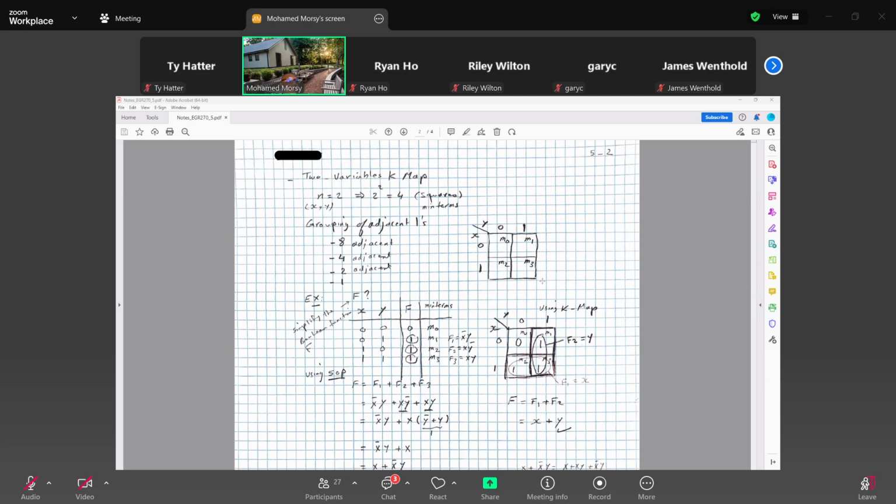This is the standard form of the Karnaugh map for 2 variables, assuming the variables are x and y, or a and b. So we put x here and y here, and then start from 0, 1, also from 0, 1. The min term is inside; each box has a min term. The numbering of the min terms is M0, M1, M2, M3.